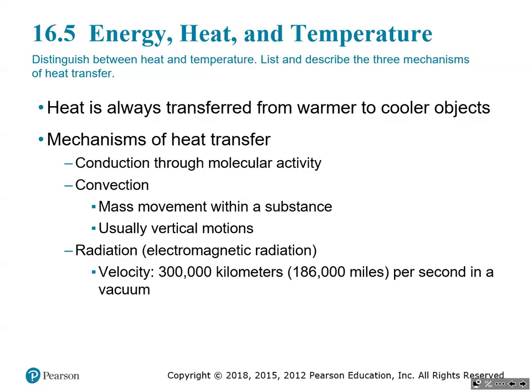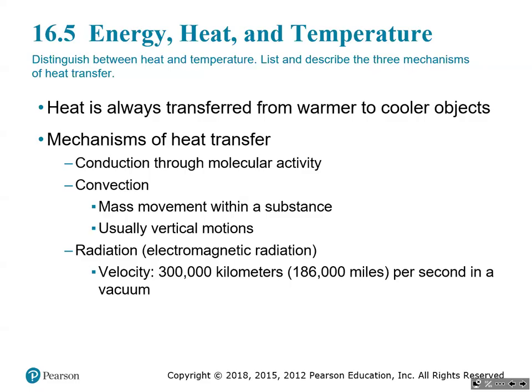Usually when we talk about convection in weather or large scale systems, we talk about vertical movements like warm air rising and cool air sinking. And that creates cycles that move air around and that transfers heat. But you can have forced convection. You can move air around to move heat.